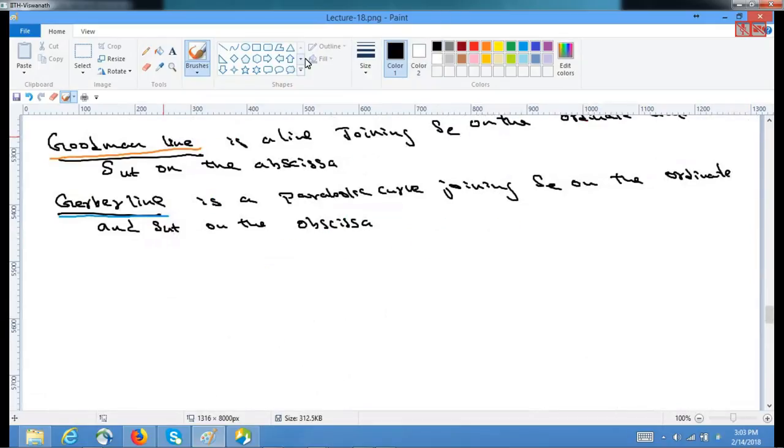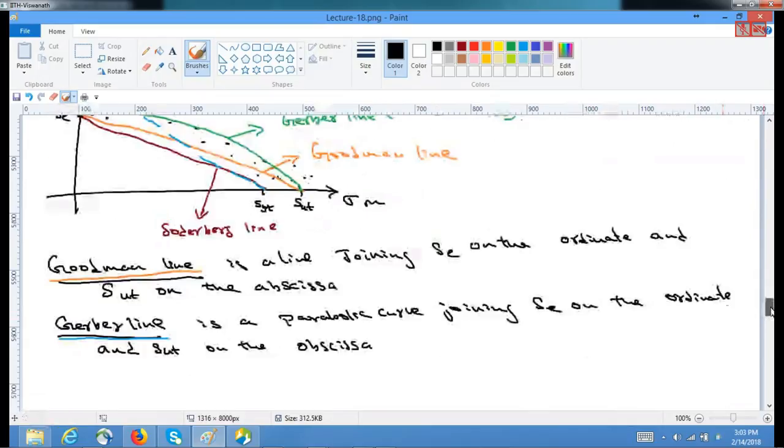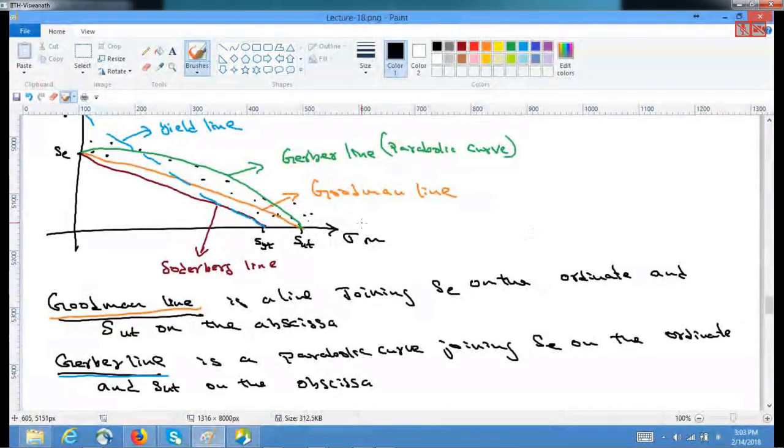Further, you need to understand that out of all these, if you have seen, the Gerber line fits the failure points more closely compared to a Soderbergh line or yield line or a Goodman line.